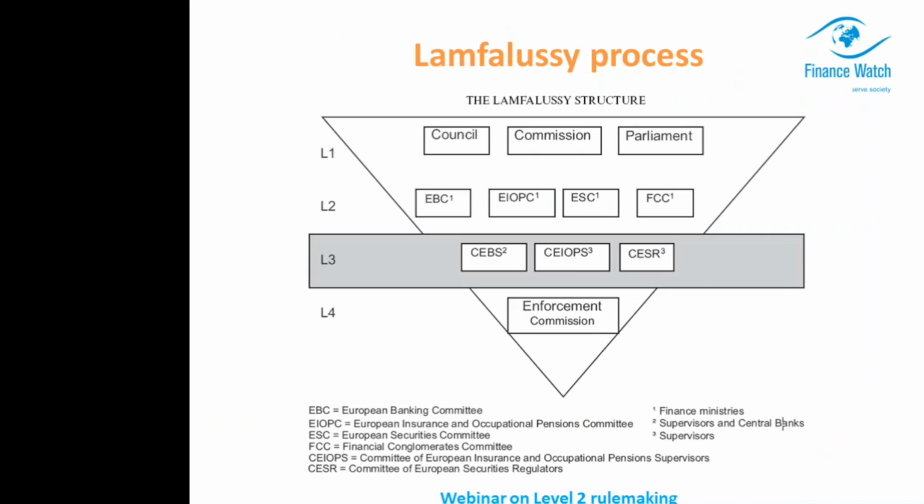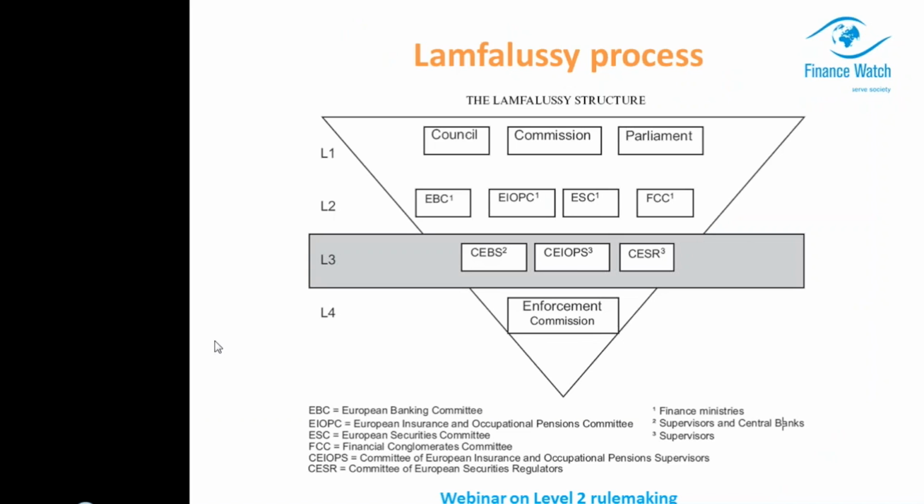Because as you can see from the old Lamfalussy process, we have a level 1, which is responsible for establishing the framework regulation. So there are 3 main institutions: Council, Commission, and Parliament. And then we have a level 2. Level 2 are the European Banking Committee, the European Insurance and Occupational Pensions Committee, and the European Securities Committee.